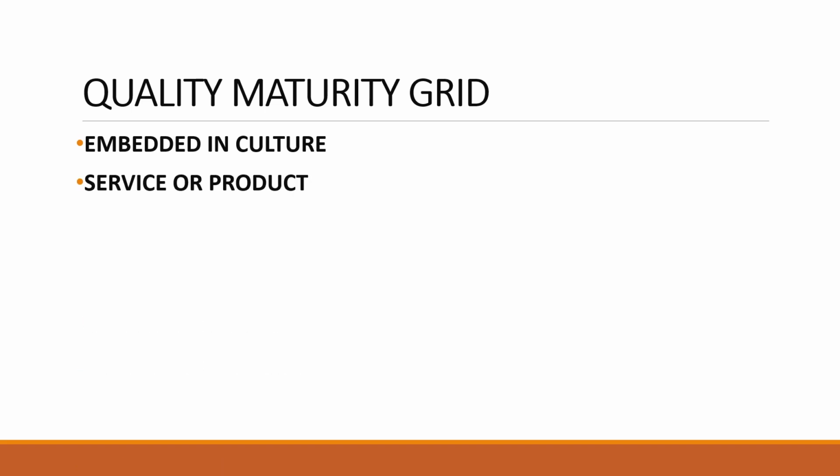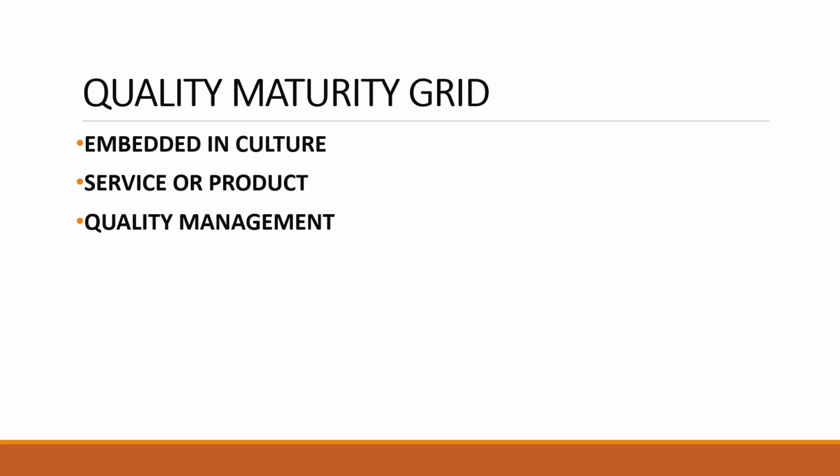Now when you are talking about the quality maturity grid, it must be embedded in the culture. That's why experience plays a role: how much experience that organization has, how long they have been in the market, how much service they are giving, how many years they have been producing this product.